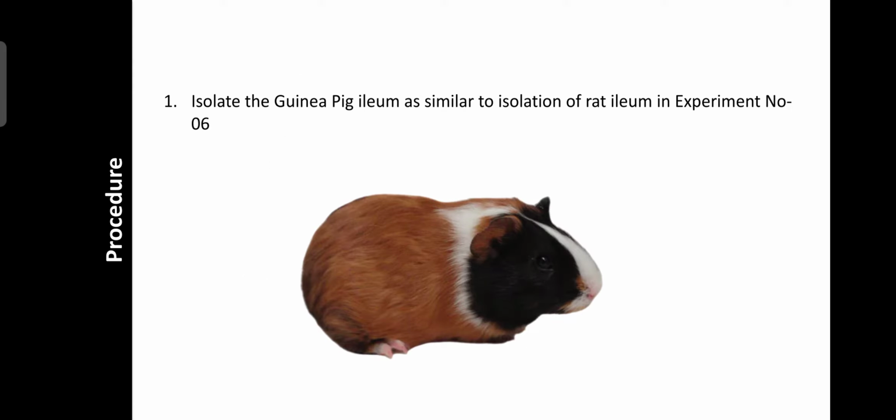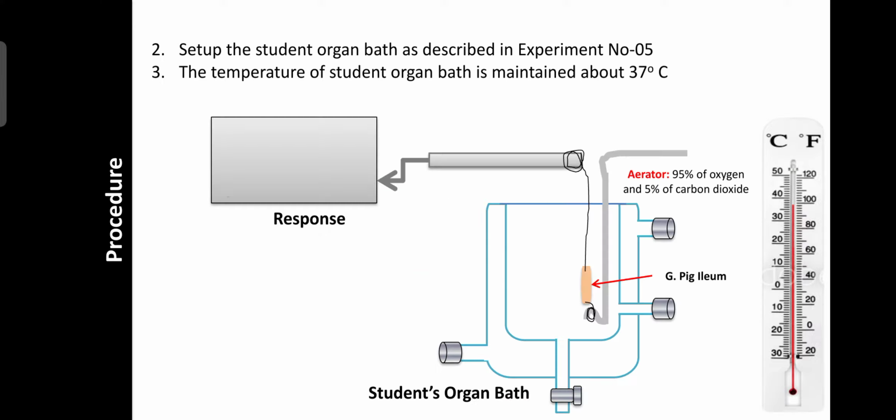First, isolate the Guinea Pig Ileum similar to isolation of rat ileum as described in experiment number 6. After isolation of the ileum, you can adjust the student organ bath as described in experiment number 5, and the temperature of the student organ bath is constantly maintained at about 37 degrees plus or minus 1 degree centigrade.